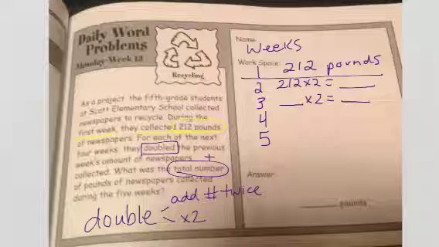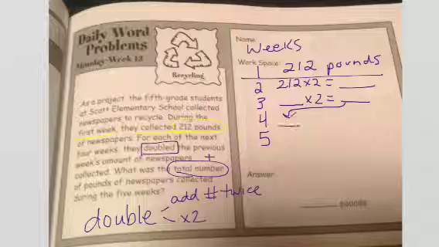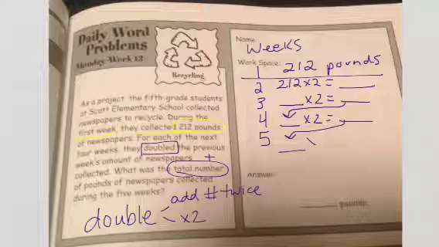And then I would take that amount and double it for week 4. Take my product and then double it again to figure out what week 5 is.